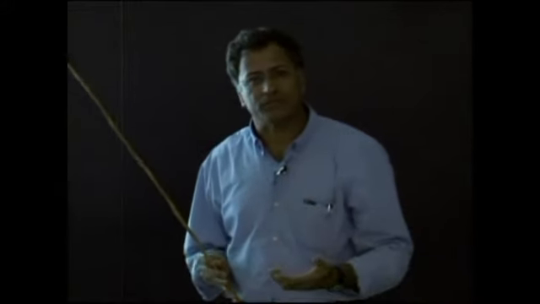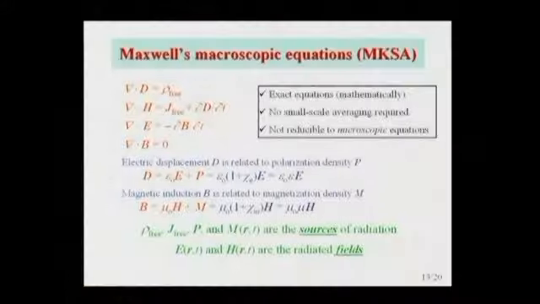And P is just a function of space and time. Think of it as a continuous differentiable function of space and time. Think of M as a continuous differentiable function of space and time. Then these equations are mathematically exact. There's no approximation here. There's no small volume over which you have to average electric dipoles and magnetic dipoles to get these equations. Mathematically, these are exact.